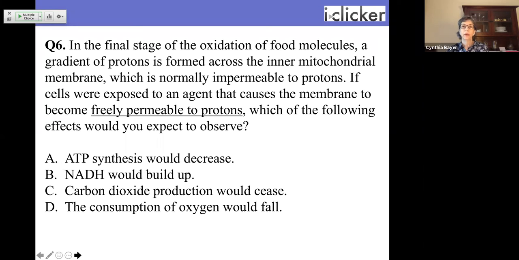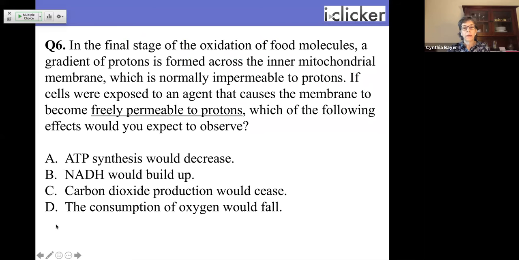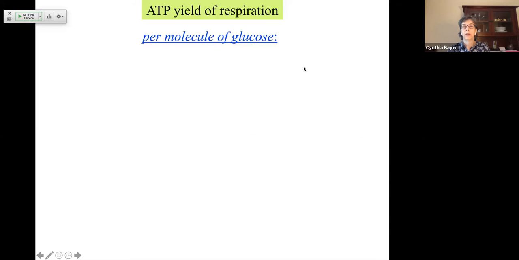So what did we accomplish, or what has the cell accomplished in the process of cellular respiration? And if we are considering in the first case, aerobic respiration, if we're looking at the yield, we want to make sure that we're following per molecule of glucose.